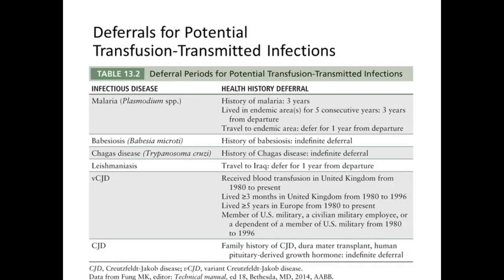Commented in the note section about cytomegalovirus, or CMV. CMV is transmitted in white blood cells. CMV is a risk to premature infants, bone marrow recipients, or immunocompromised recipients, so blood for these patients must be CMV negative.